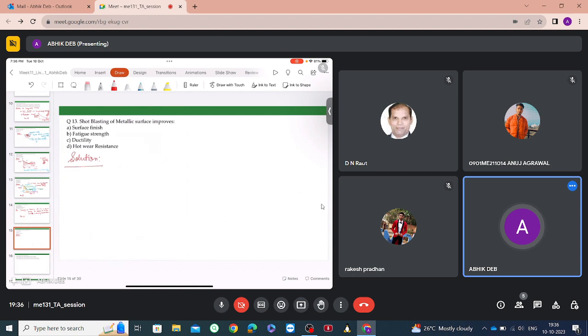Shot blasting is where you repeatedly blast the surface of a material with steel balls or sand particles, so that there is some plastic deformation and strain hardening on the surface. So by now you know what strain hardening does.